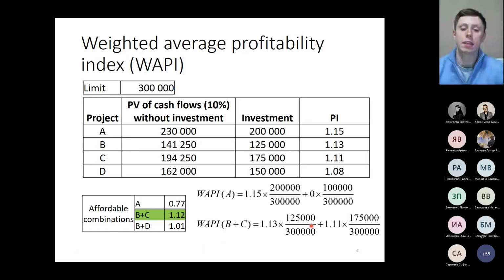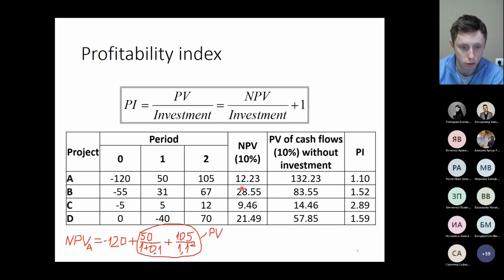And the next step, considering that we are in the situation of capital rationing, meaning that we have a limit on the available cash flows, we make a decision how to allocate our money among the projects that we have. And let's consider these alternatives.